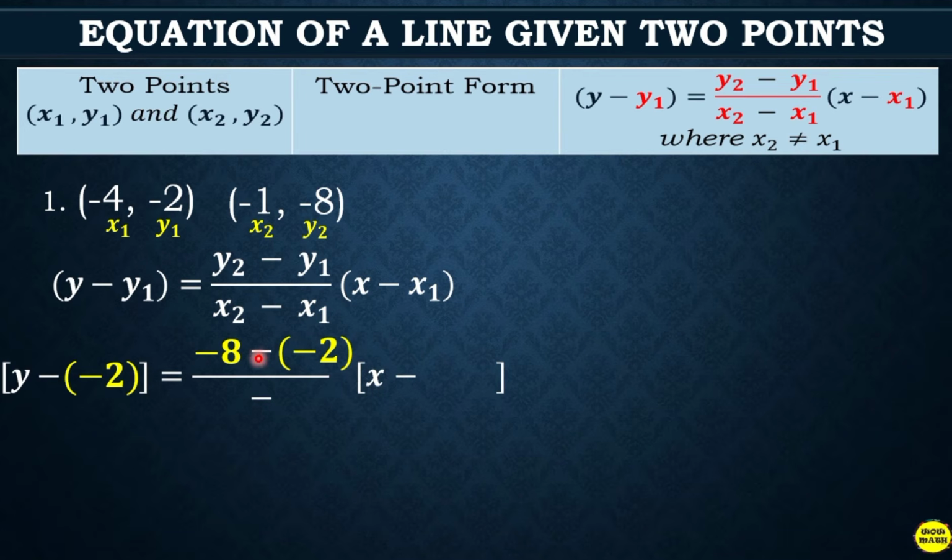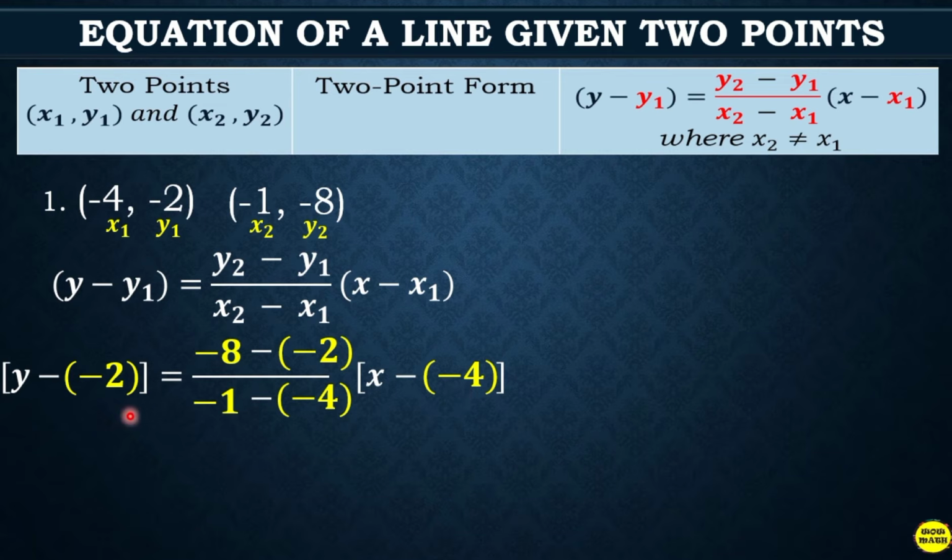Para mahiwalay siya dun sa subtraction. Okay? And then your x sub 2 is negative 1. X sub 1. So ito po ang sinusundan natin ha. Baka nalilito tayo. X sub 1 is negative 4. So, enclose natin yun sa parenthesis kasi negative siya.